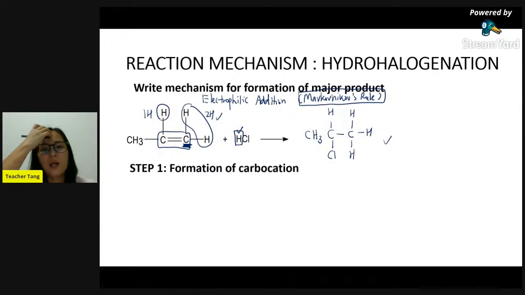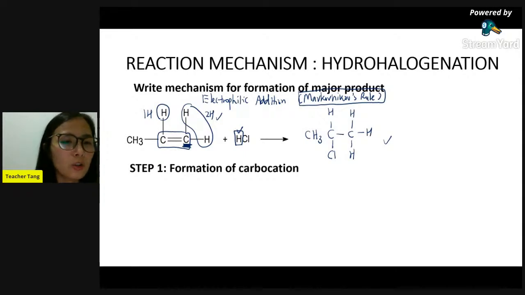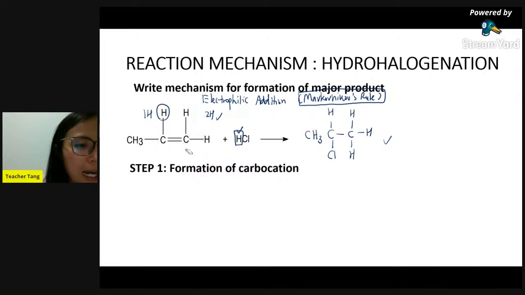Now shall we look at the mechanism on how to get this product? I already taught you mechanism. We don't start with the burger, we must start with the bread and also the egg. So what is our bread here? Our bread here is the alkene.